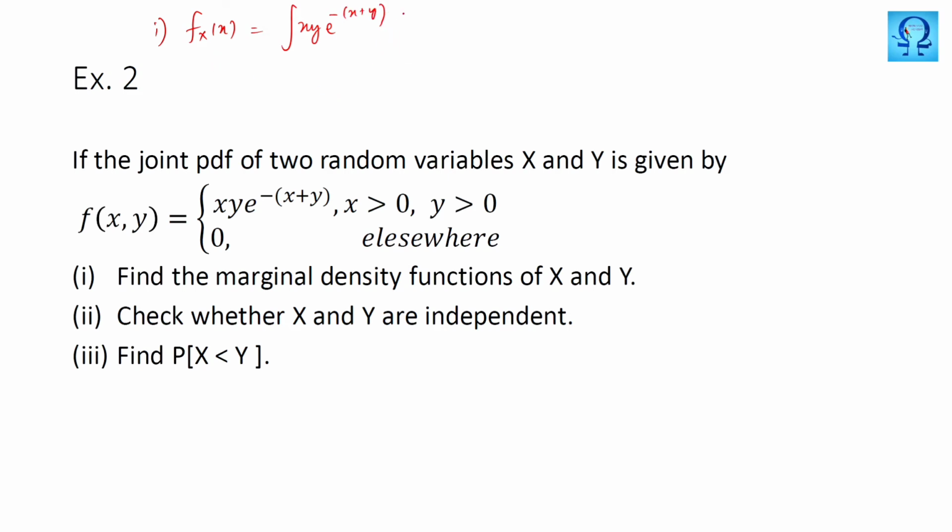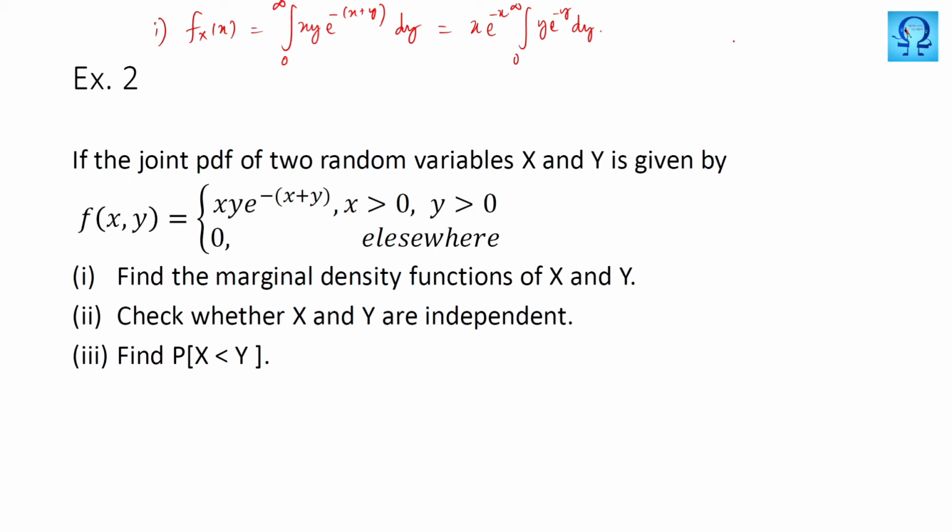So we will have to integrate this from 0 to infinity, right? We are just going to integrate with respect to y, which means x is treated as constant. So this x shall be taken outside, and this can also be taken outside. So 0 to infinity y e to the power minus y dy.